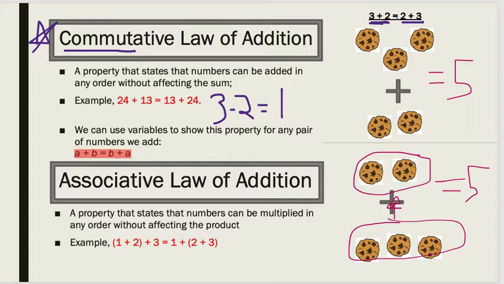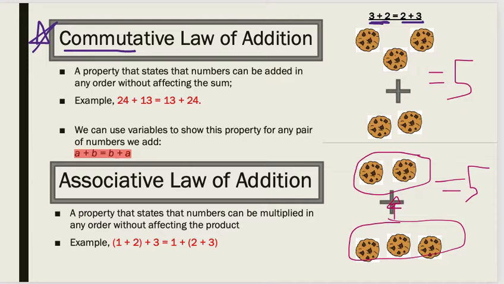But according to this, I should be able to do 2 minus 3, and it should also equal 1. But we know that's not the case. If I start with 2 cookies, I can't take 3 away. So this law doesn't apply to subtraction. The law only applies to addition and multiplication, because we can't switch these numbers like we can here.